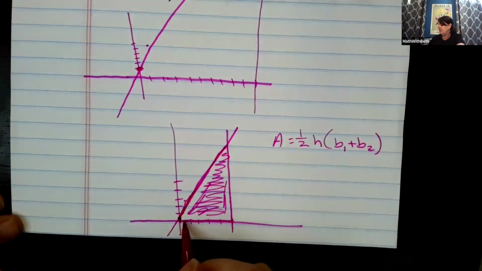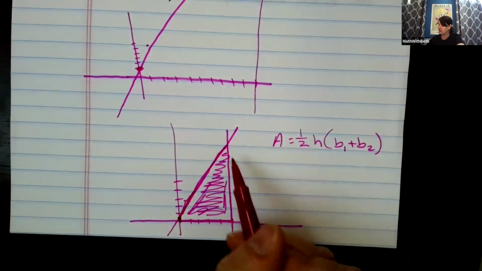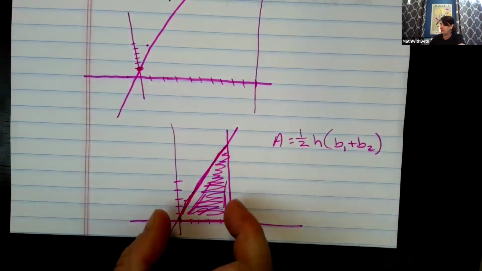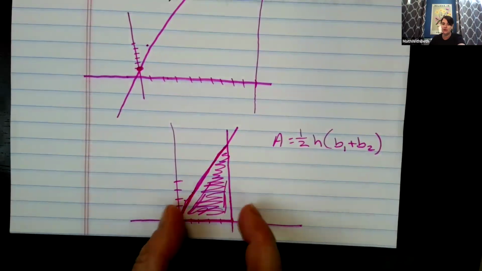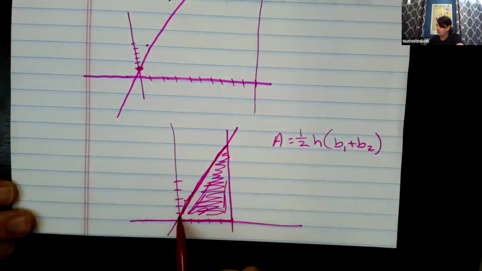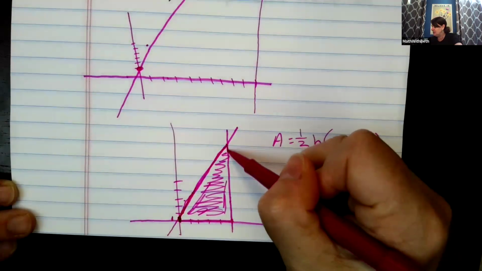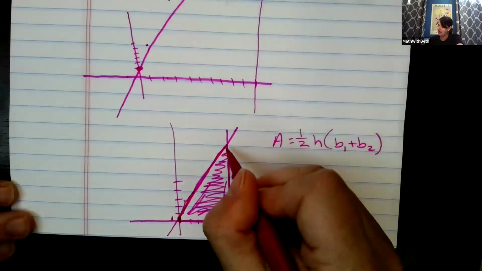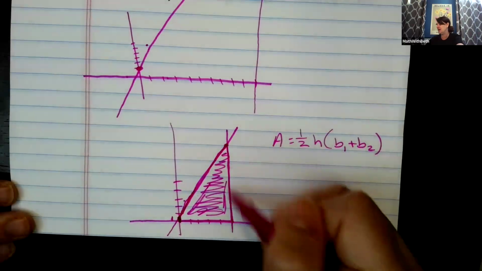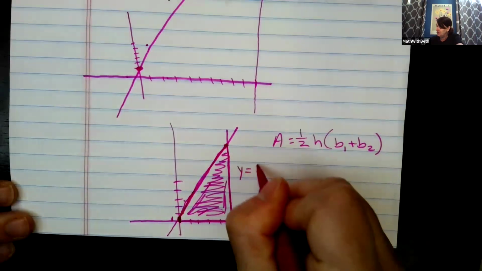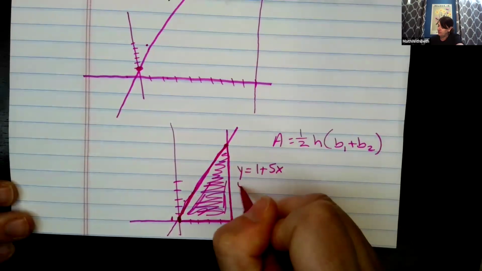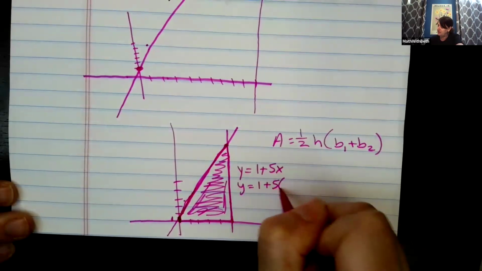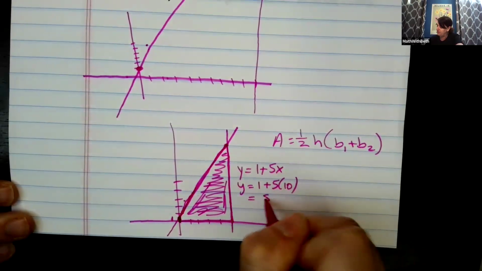So I need to think about the height of this trapezoid, which is not this, because you need to think about where the top and bottom are that are parallel to each other. So really, this is my base 1, which is just 1. This is my base 2, which I need to find by plugging in 10 to the equation to see how high it is. If I plug in 10, I get 51.